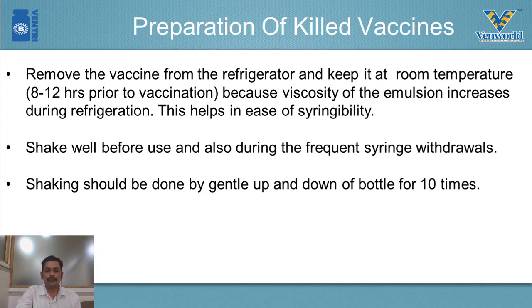Then shake well before use and also during frequent syringe withdrawals. This part is also important, because shaking helps the uniform mixing of the diluted vaccine into the oil emulsion. Shaking should be done by gently moving the bottle up and down 10 times.